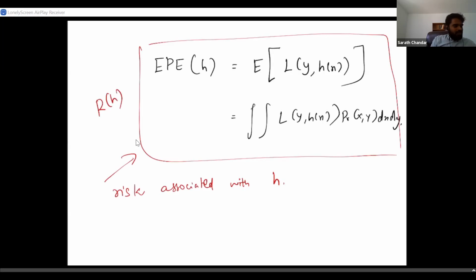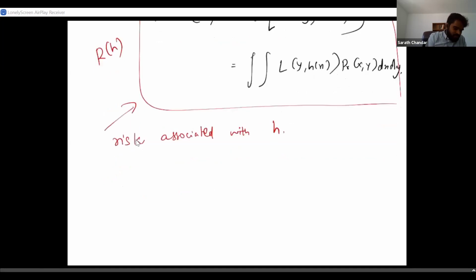So what have I done so far? There are a bunch of hypotheses that we are considering, and we want to pick the hypothesis which has minimum expected prediction error, right? This expected prediction error is the risk associated with H. So we are interested in finding a minimum risk hypothesis.